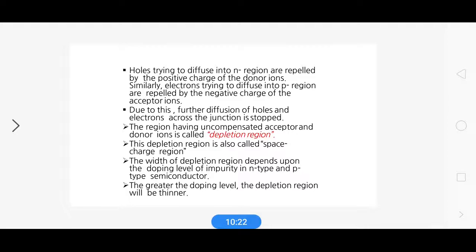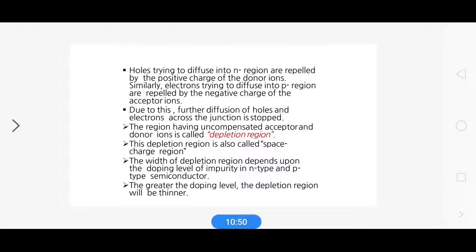Suppose after formation of acceptor ions in the p region and positively charged donor ions in the n region, some holes in the p region again try to diffuse towards the n region.